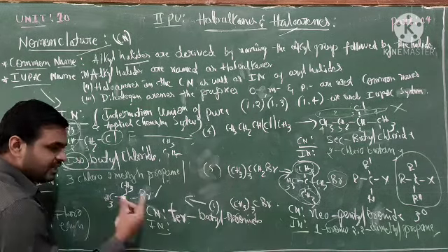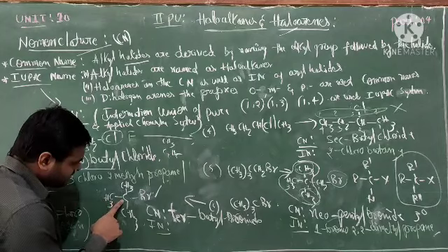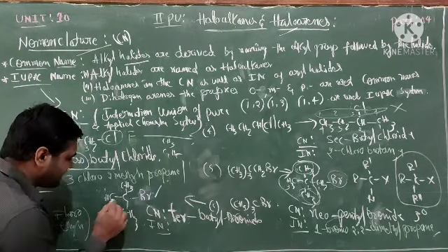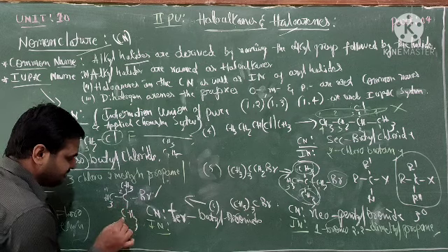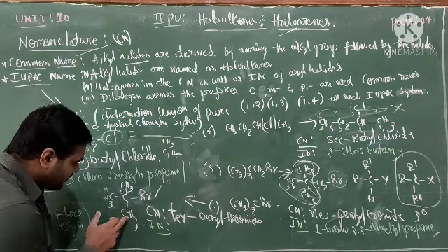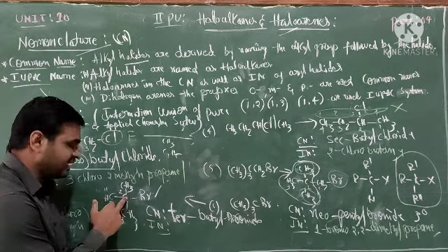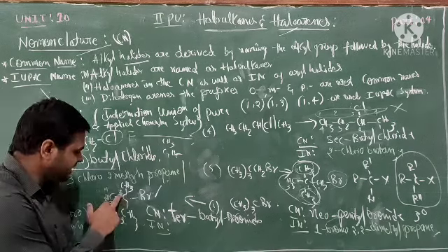CH3. The longest carbon chain is 1, 2, 3. Whether you number it either way, 1, 2, 3, the bromine is attached to the second carbon atom, so the numbering is 2.